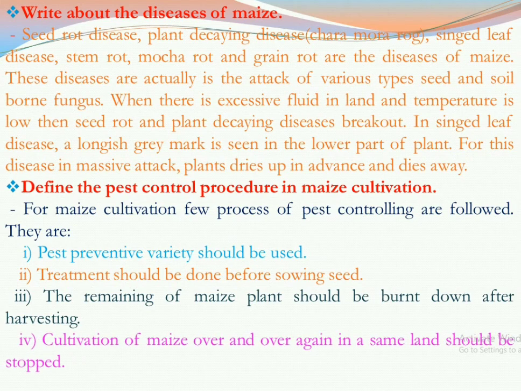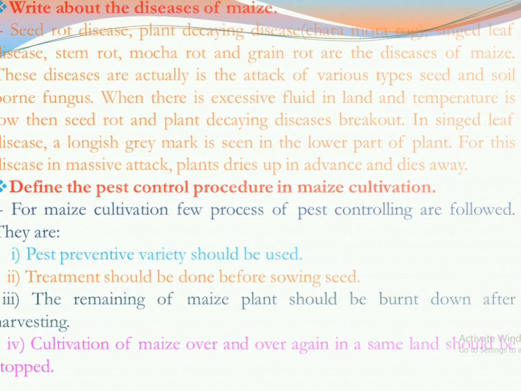Cultivation of maize over and over again in the same land should be stopped. That means we cannot cultivate maize repeatedly on the same land. We should change the type of crops in the land, then again we can do maize cultivation. So that is how we can control pest in maize cultivation.